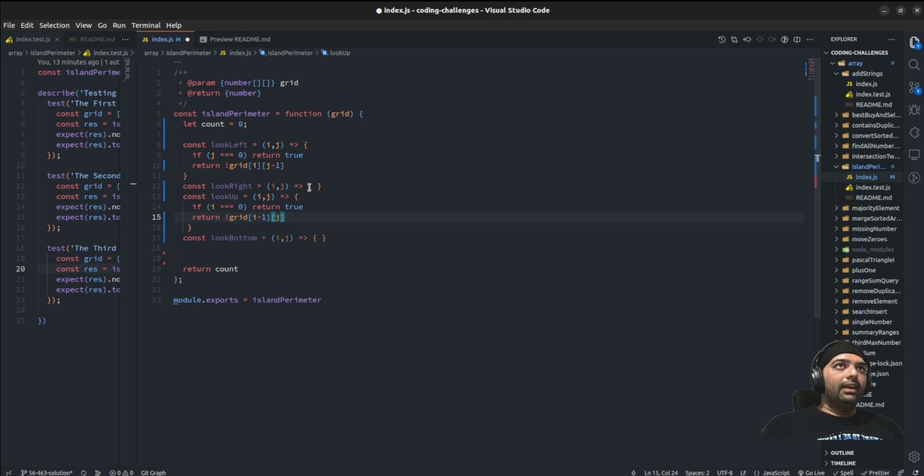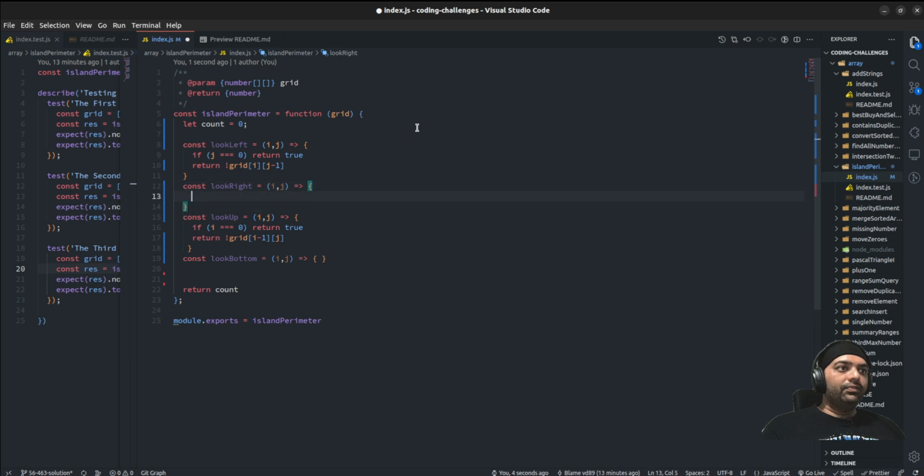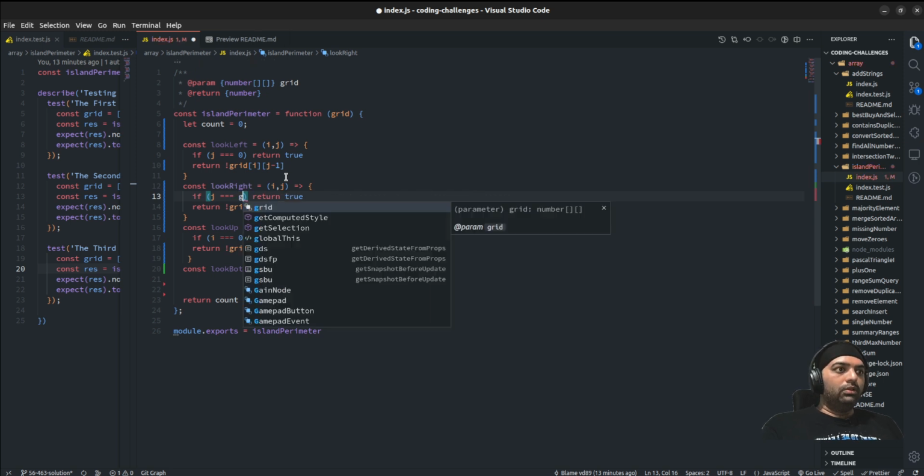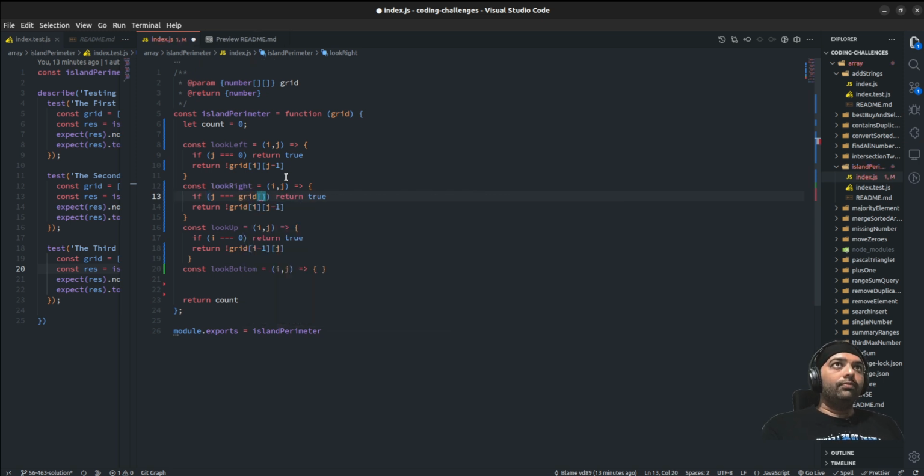And when we go for the right, here we would be checking if j is equal to grid of i dot length minus 1, then it will return true, else i, and it would be j plus 1.